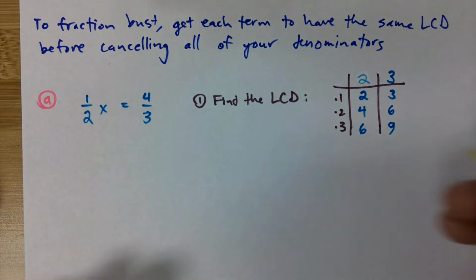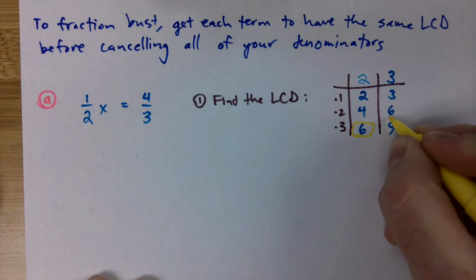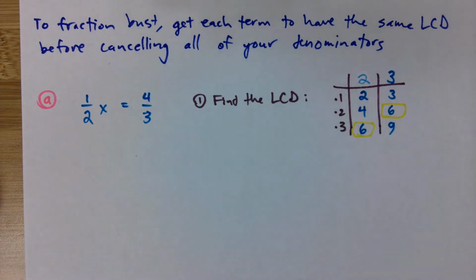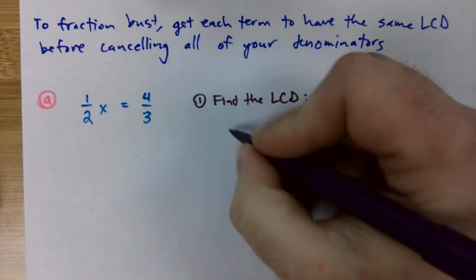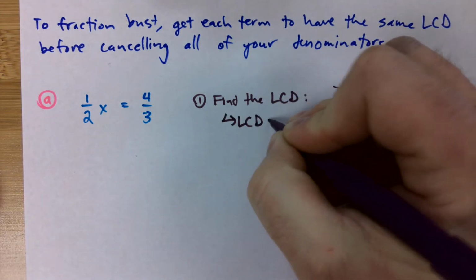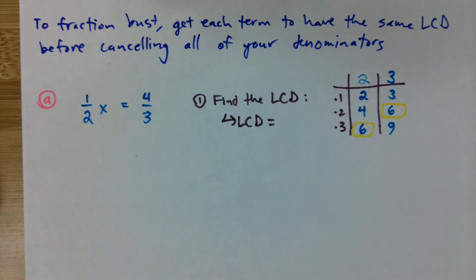And right away we can see, hey, we've got a 6 in the left column. We've got a 6 in the right column. That means that our LCD must be what? 6. There we go. So our LCD is 6.